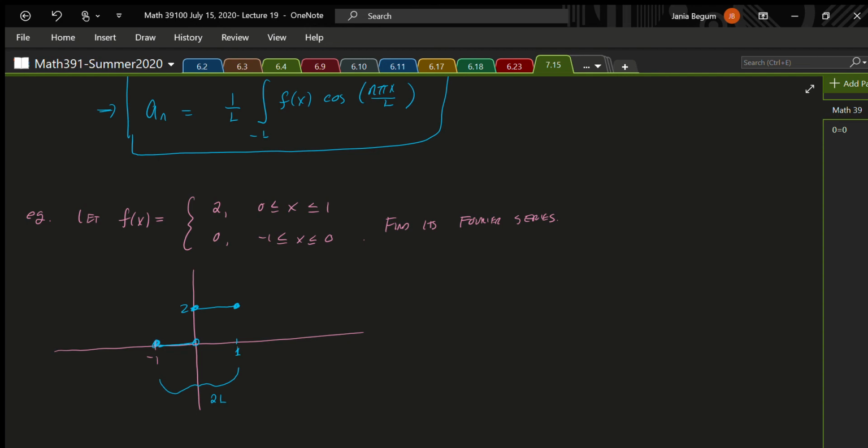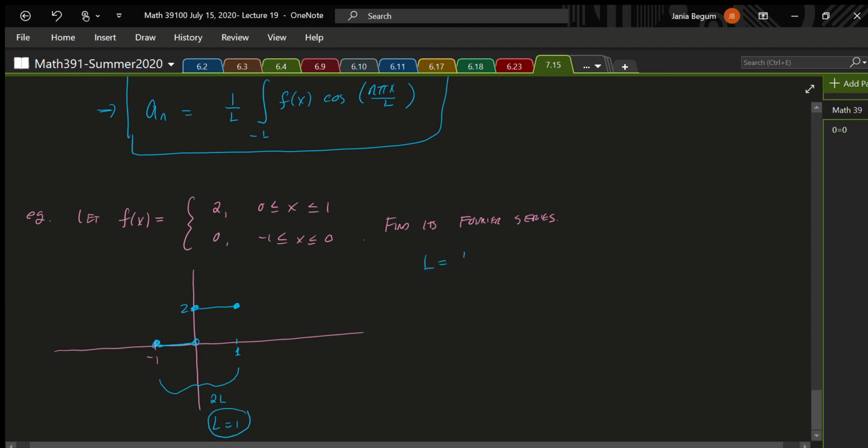So if 2L is from -1 to 1, what is L, guys? 1, right? So L is 1. It's half of the period, right? So L is half of the period. Okay, so we have L.